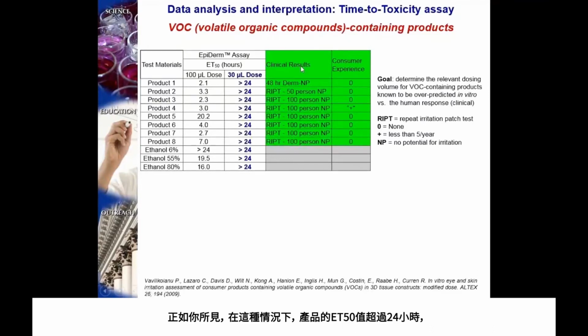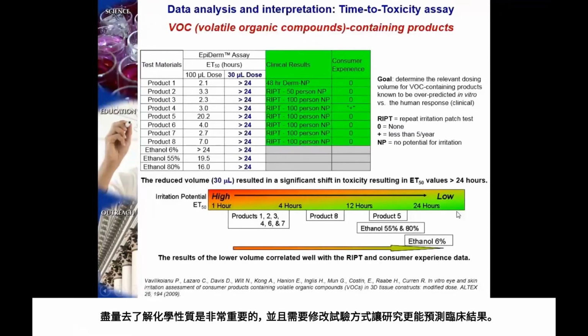In this situation, as you can see, the ET50 values obtained for the product were more than 24 hours, and they were much better aligned with the clinical results. So it is, again, very important to know the chemistries if possible, and to modify assays if there is such flexibility in such a way that they better predict a clinical outcome.